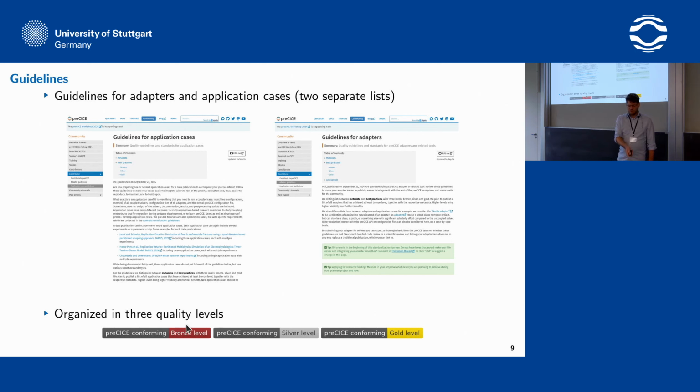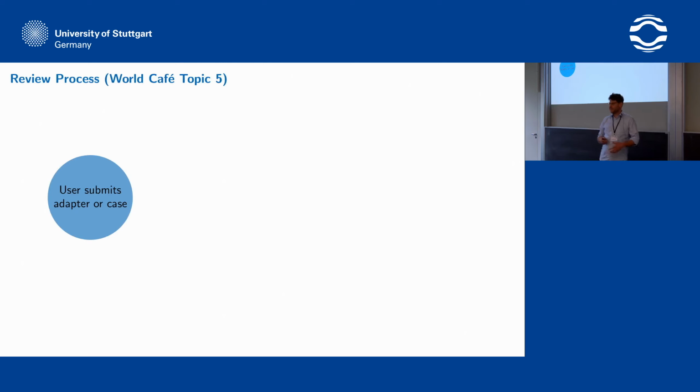And then what we want to do is hand out or organize such badges. So that you could say, okay, I have this data repository, there is my application case, and it has bronze level of preCICE conformity. Okay. And then, well, the idea is that who hands out these badges, so we do this together.